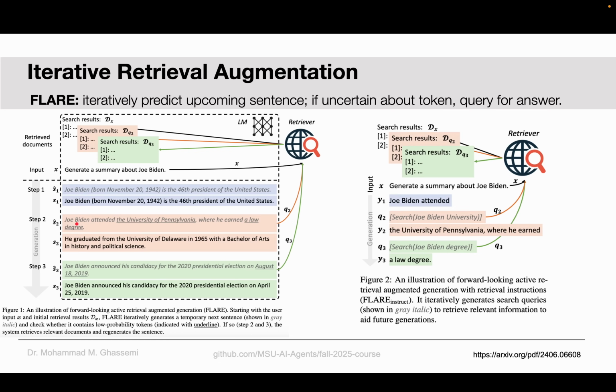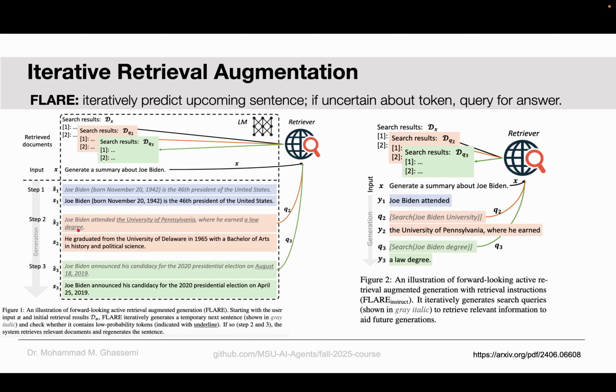Let's say that the next sentence that it wants to generate in the summary is Joe Biden attended the University of Pennsylvania, where he earned a law degree. But these two parts of the sequence, University of Pennsylvania and law degree, it's less certain about those two. So the logits associated with the sequence of tokens that generate these is low.